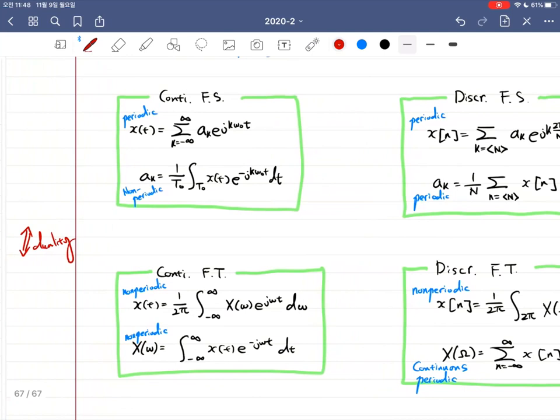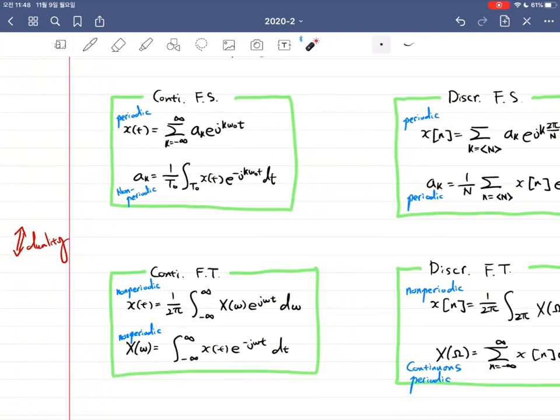So we just studied, in the continuous time Fourier transform, the page that we just visited, which was about the duality between the time domain of continuous time and the frequency domain of continuous time.